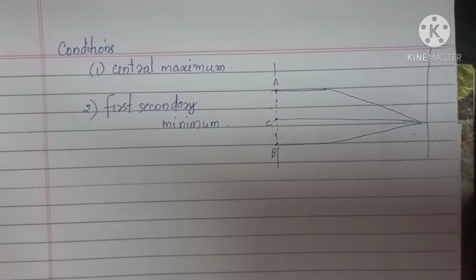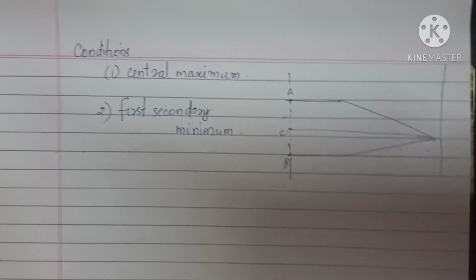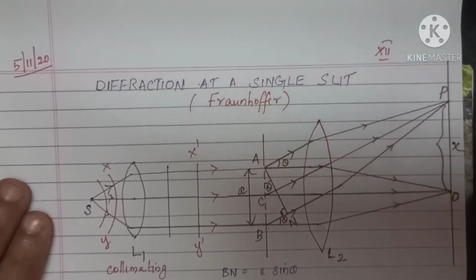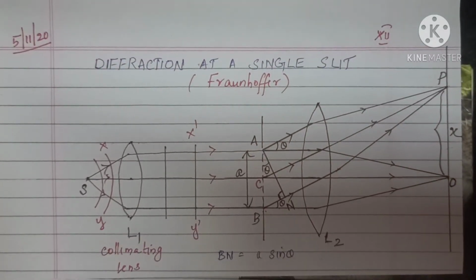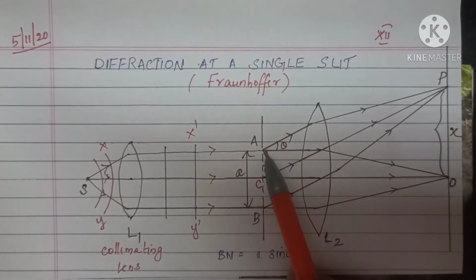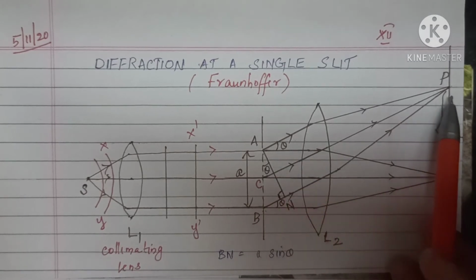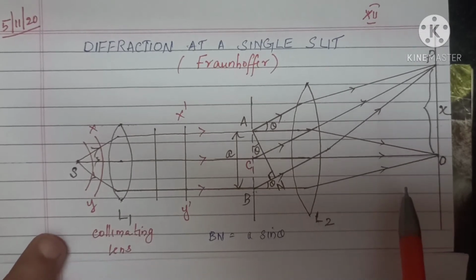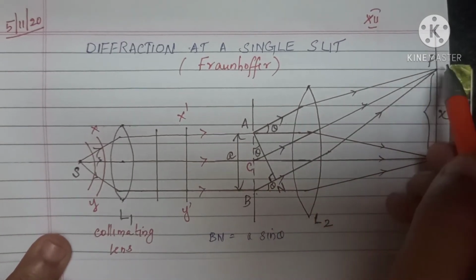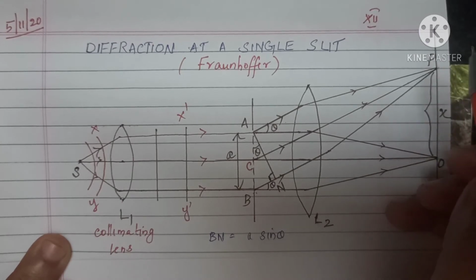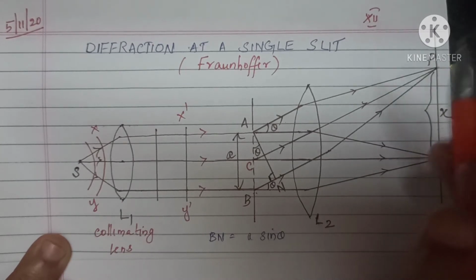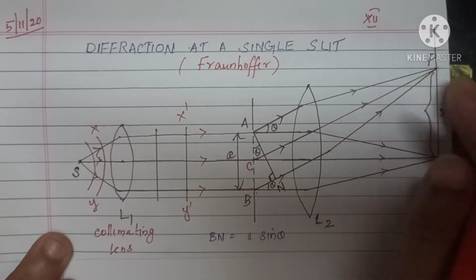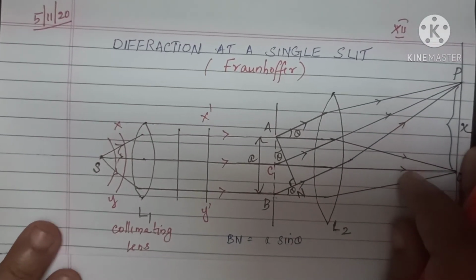Now here, if you consider a point P1 on the screen, in our figure you can see that when the rays get diffracted at an angle theta, you get alternate maxima and minima on the screen. Here we are giving justification for the conditions of secondary minima.